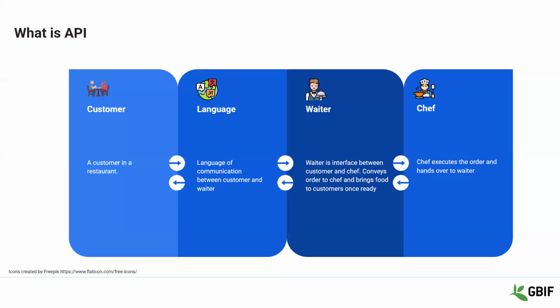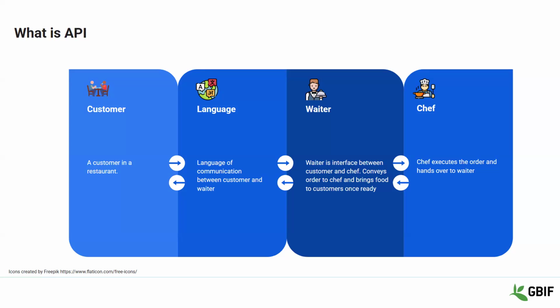It's like a restaurant. A customer goes to the restaurant, then he needs to communicate with the waiter in a language that the waiter understands. And then the waiter is actually the interface between the customer and the chef.